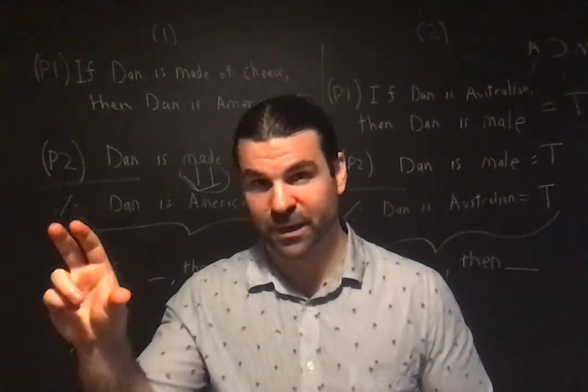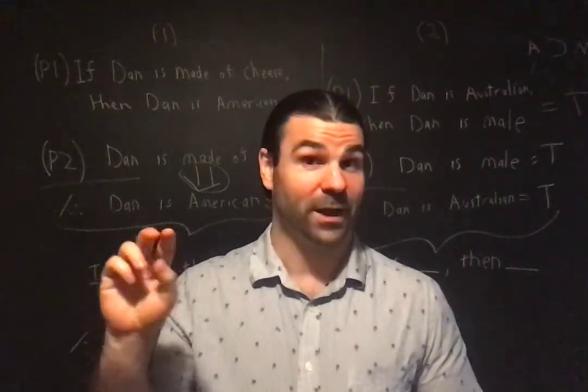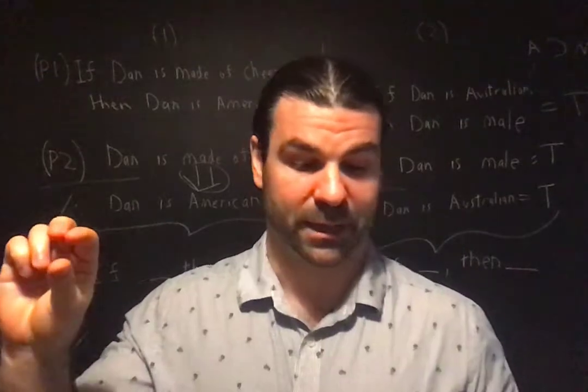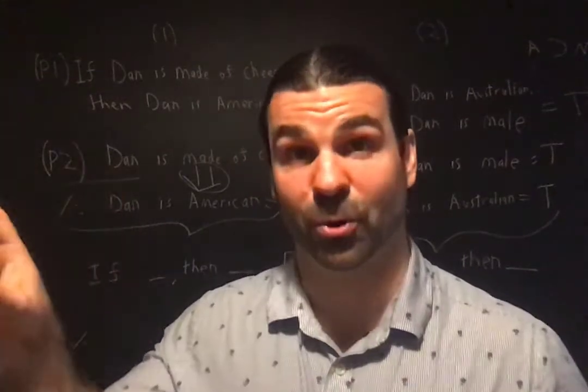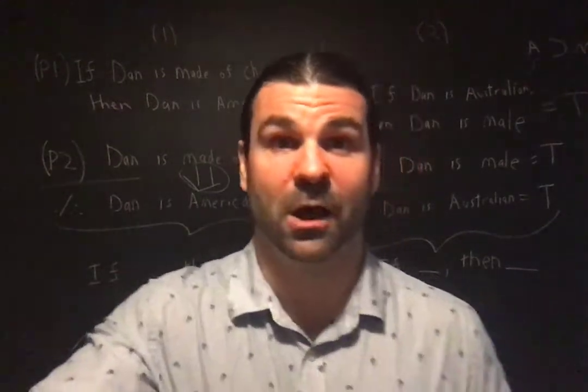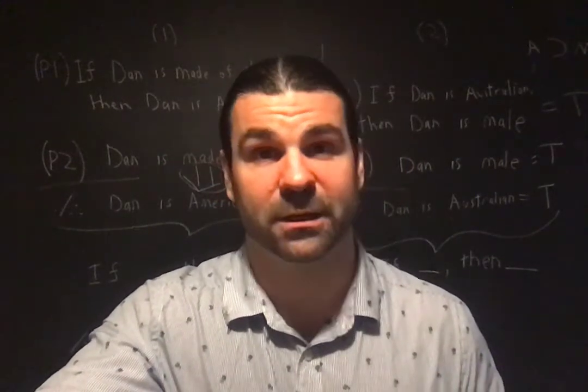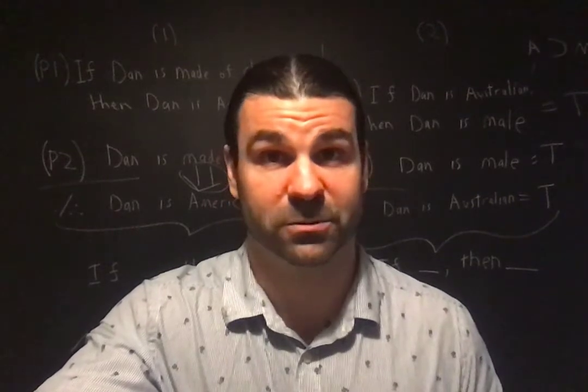Only when we get to Unit 5 will we be able to show of a valid argument form that, in fact, it is not possible for it to have true premises and a false conclusion.